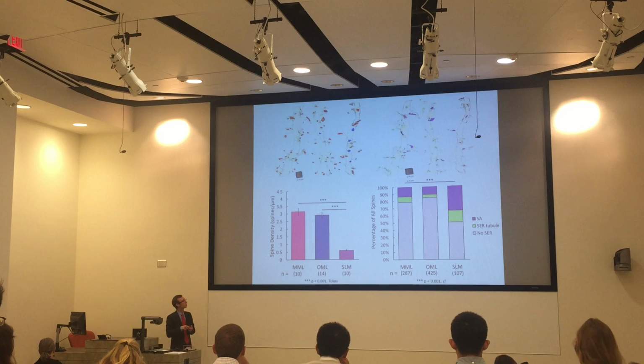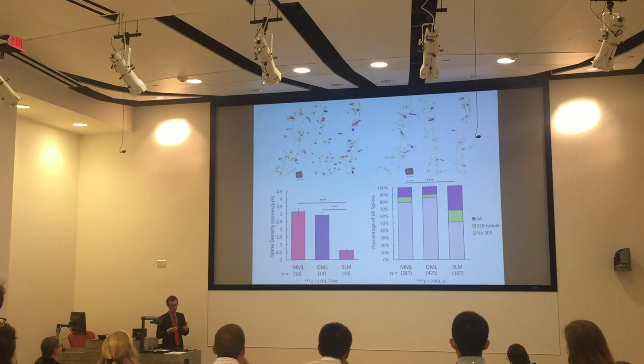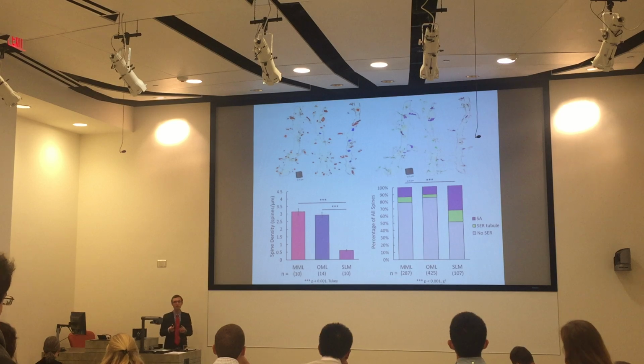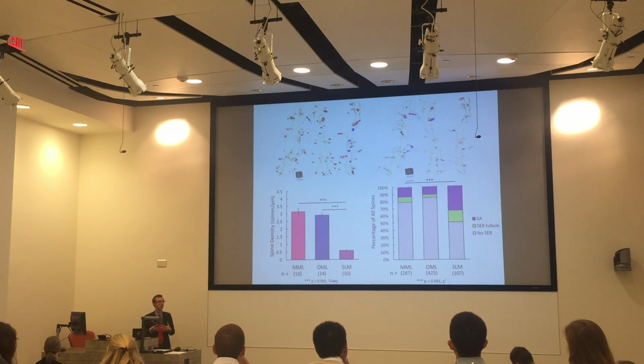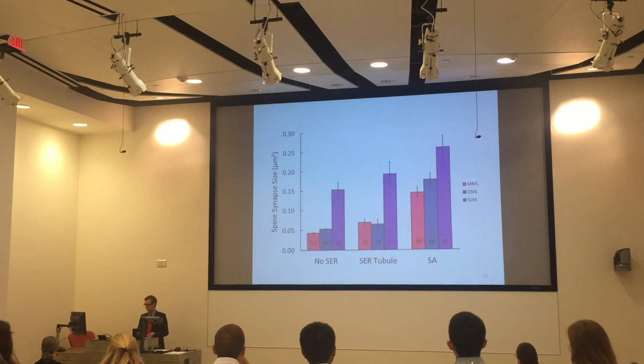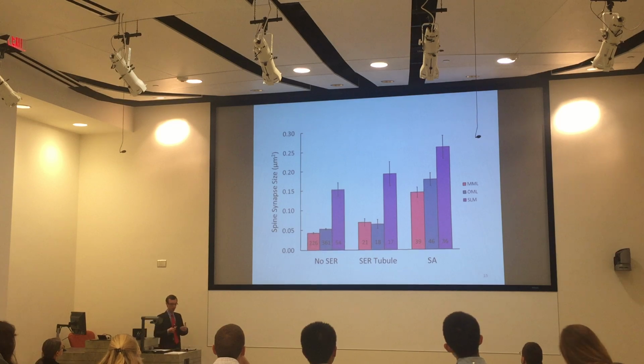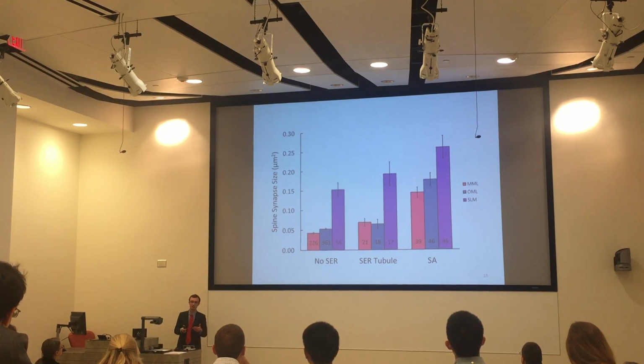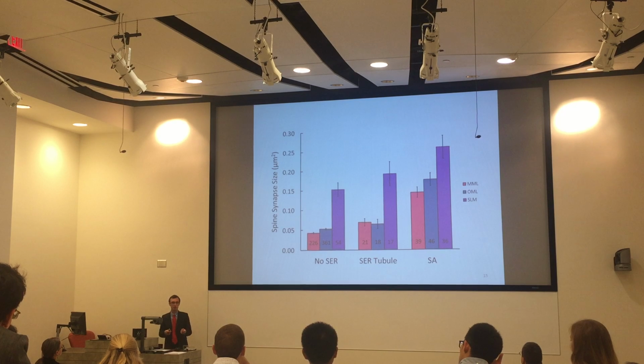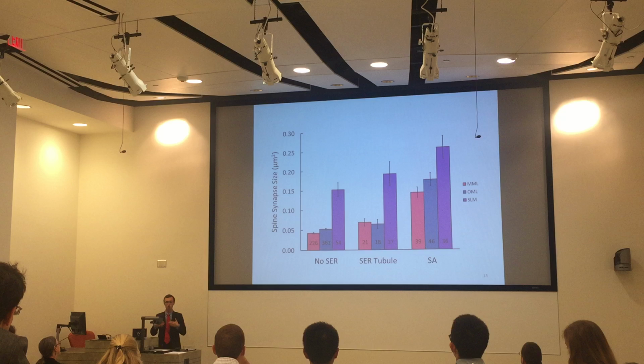Looking at the percentage of spines in each of the layers, the SLM dendrites had a significantly higher proportion of spines that contained some type of SER structure. So we know that the SLM dendrites have fewer synapses, but they have more inhibitory, and they also have fewer spines, but they contain more SER structures.